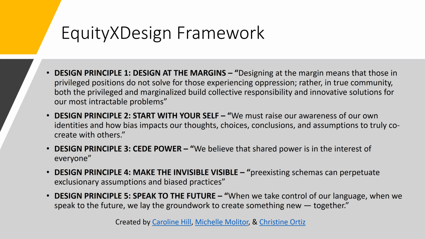So it's not about privileging the designer over the community or some sort of paternalistic approach. It's about involving the community and really putting those people who are traditionally marginalized into positions of doing the thinking, the designing in that work.